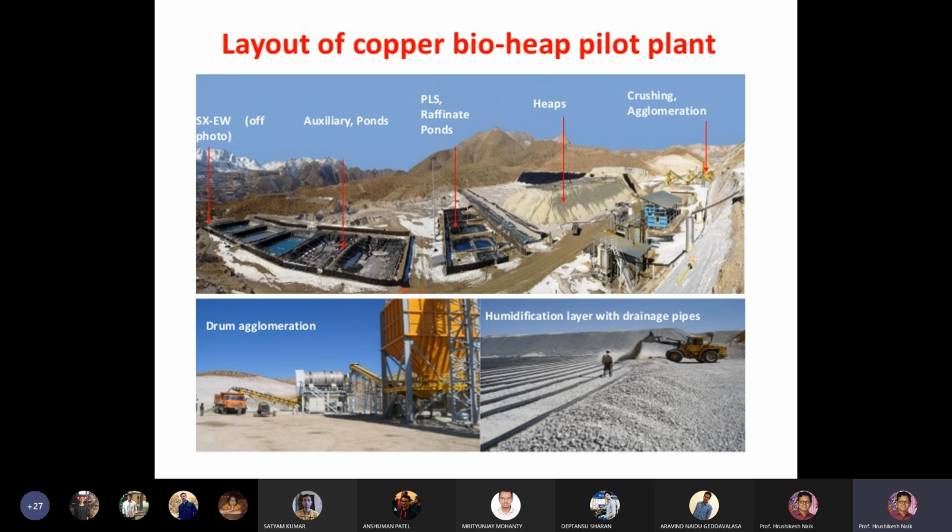Okay, so this is the photograph of the auxiliary ponds. This is the raffinate ponds. This is the copper heap, and this is the crushing agglomeration plant, and this is a drum agglomeration. This is the humidification layer with drainage pipes.